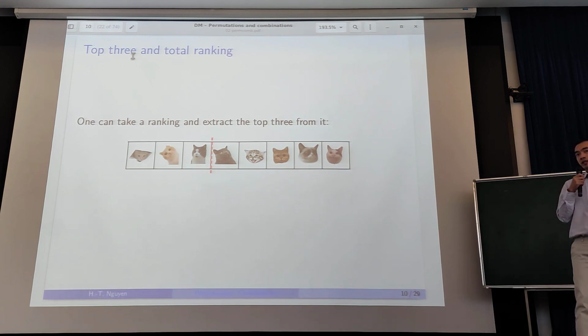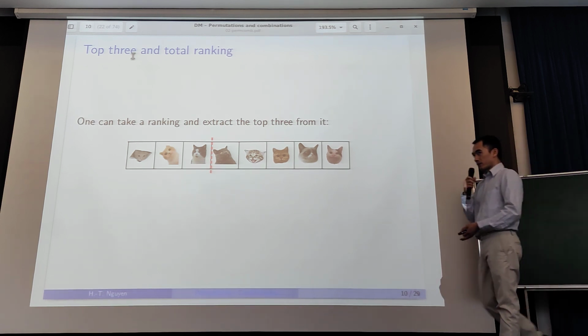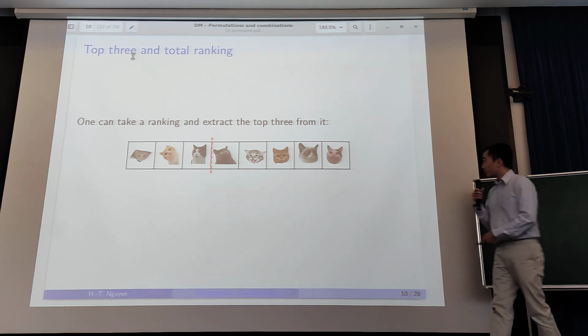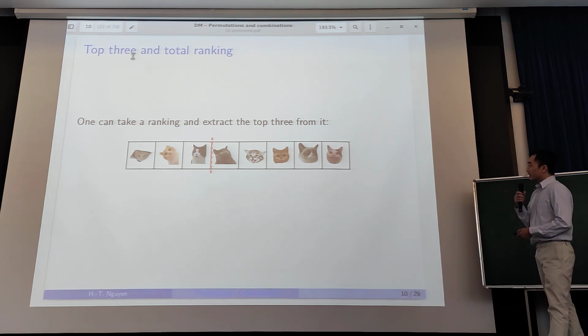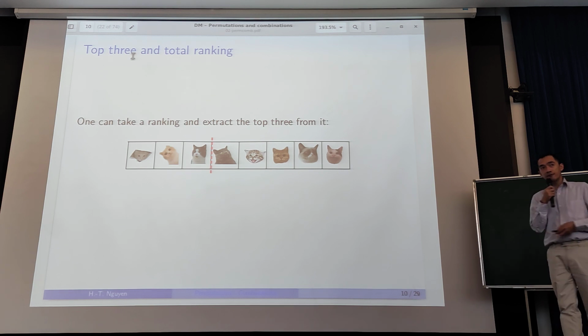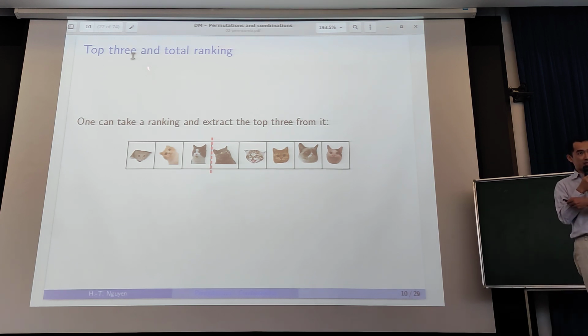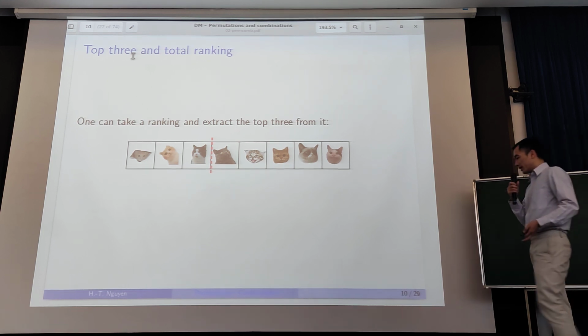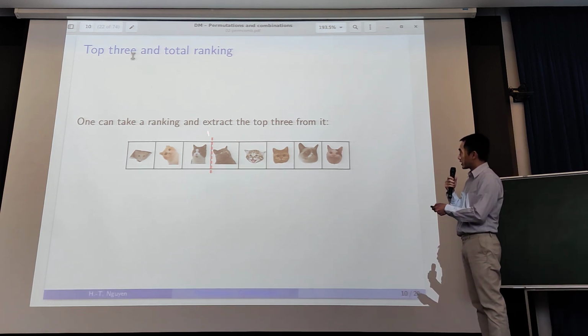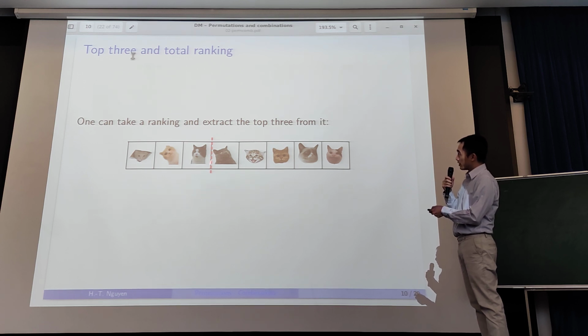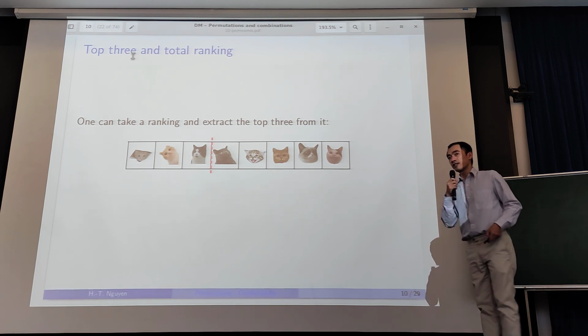And in this way we can get a top 3, and we can count. So we know that there are 8 factorial results, and if we list all the 8 factorial results, then we can get 8 factorial top 3s like this.